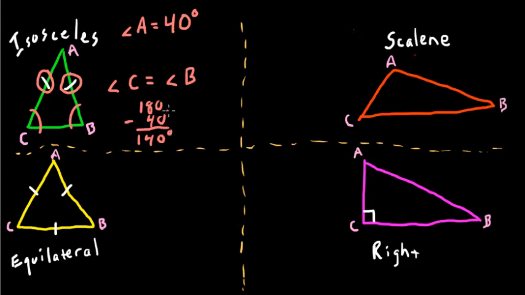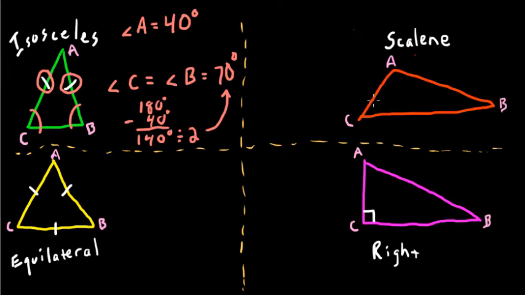Okay, those are all degrees. And I know that angle C and angle B are the only 2 angles left, and added up they have to be 140, so that means they each have to be equal to 70 degrees because it's half of 140. So if I just divide that by 2, that's how I got that. Okay, so isosceles triangles, 2 of the same sides, 2 of the same angles, angle C and angle B.